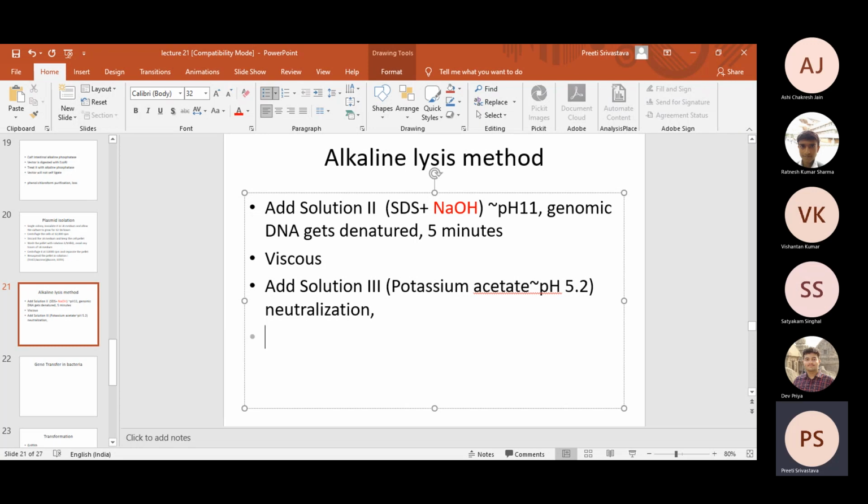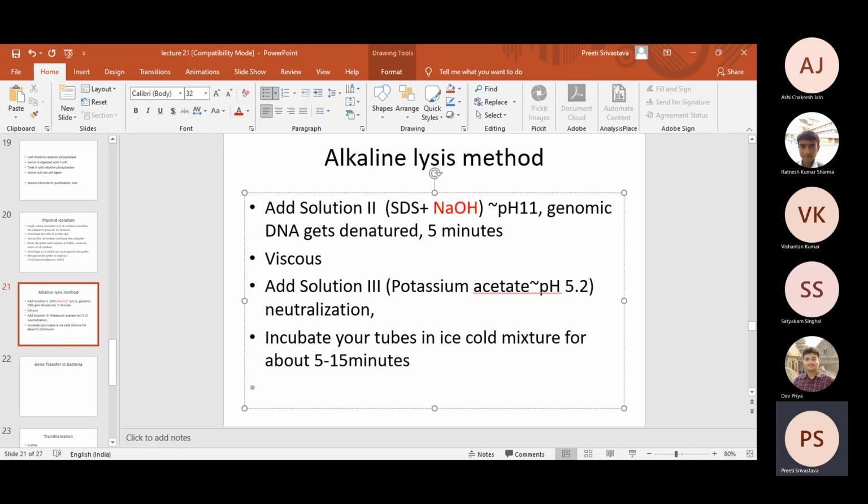After this step you need to incubate your tubes in an ice-cold mixture for about, in fact it can vary from 5 to 15 minutes.